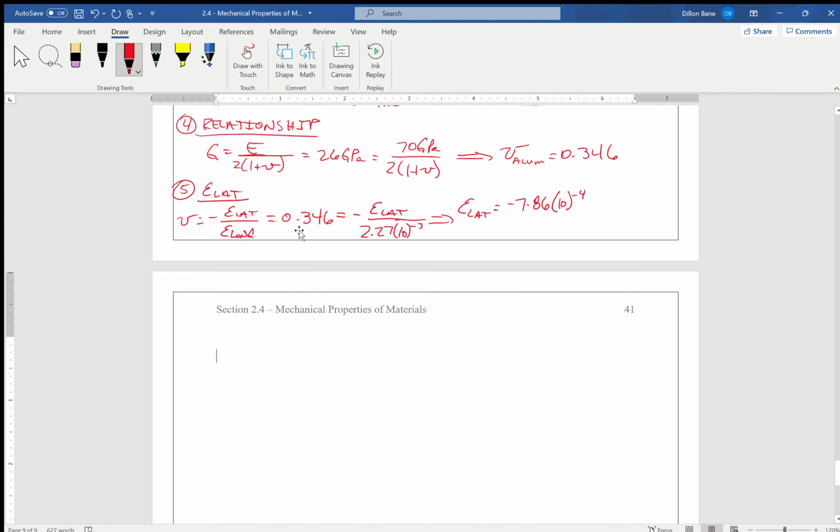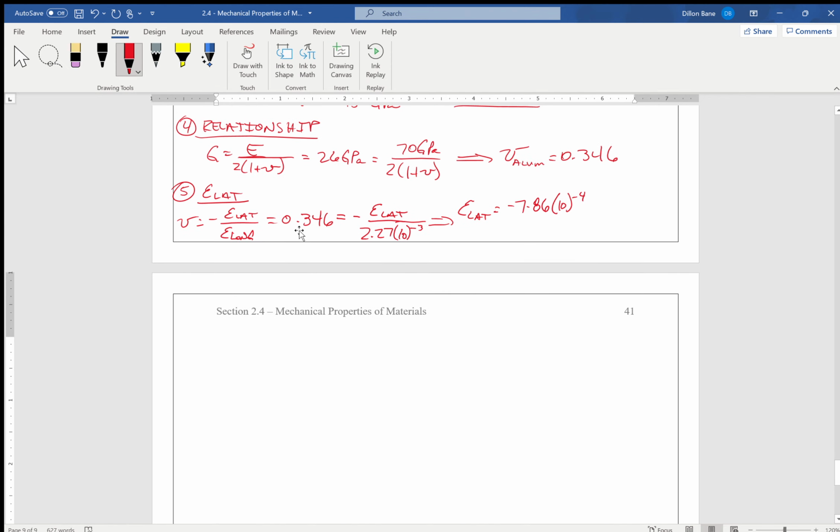So if I know our lateral strain is negative 0.786 times 10 to the negative 4th, and I know the original diameter, we know that strain, for this particular equation that we're working with, is going to be delta D over DO.